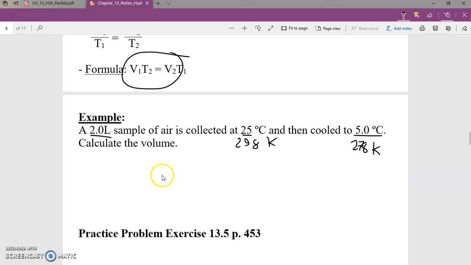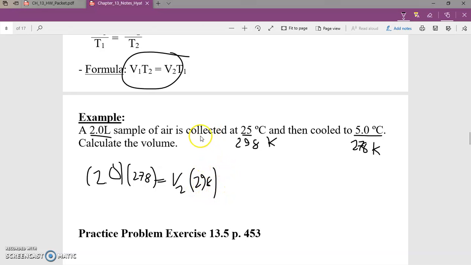Now we can just plug it in as we see it. The 2-liter sample, which is our first volume, is collected at 298 Kelvin, first temperature, and then cooled down to 5 degrees Celsius, second temperature. Find the second volume. 2.0 times 278 equals unknown volume times 298.